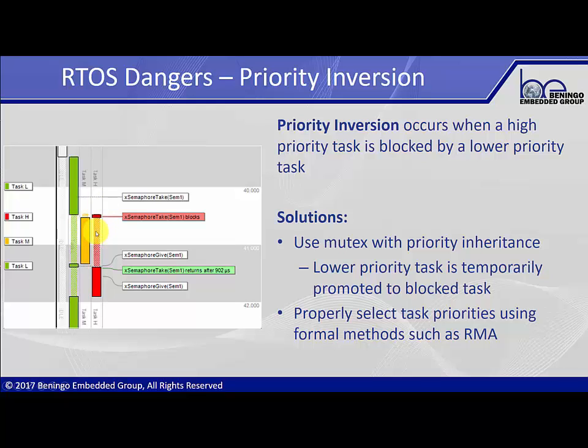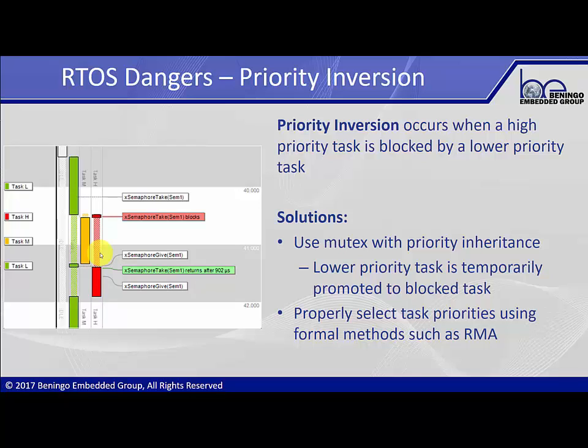So this will suddenly have the same priority as this. That way it can't get blocked by a task of lower priority than this. This will run to completion as quickly as it can, and it will help minimize how long the highest priority task is impacted. So that's one way to go about doing this.